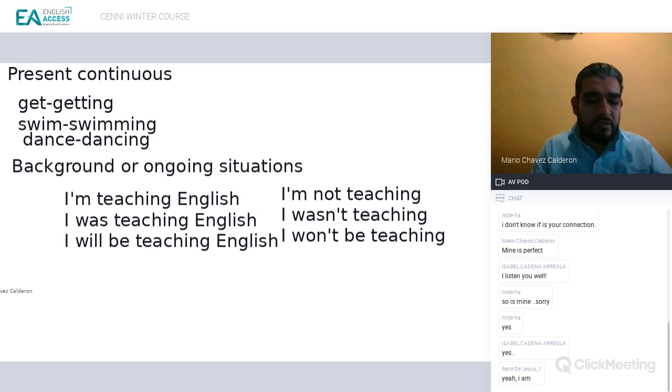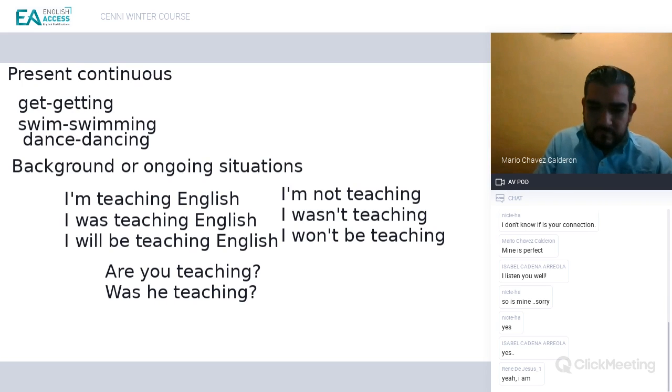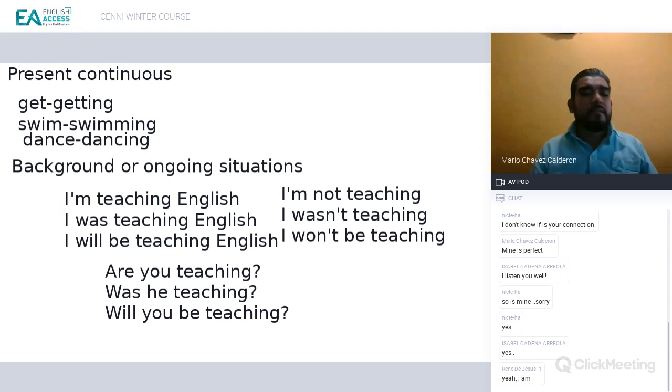When you make it a question, then you say, are you teaching? Was he teaching? And will you be teaching? The same way. In these cases, we have the auxiliary verb first and the main verb second. Remember, the verb be becomes, in this case, the auxiliary verb. Okay? So far, so good.